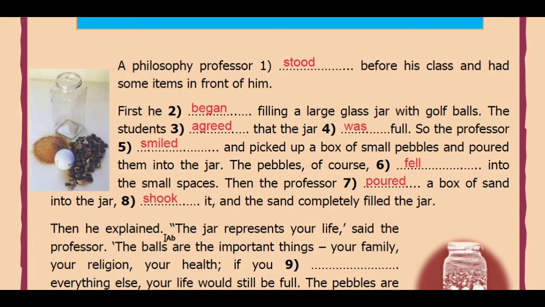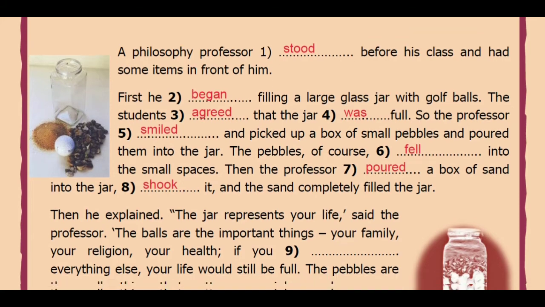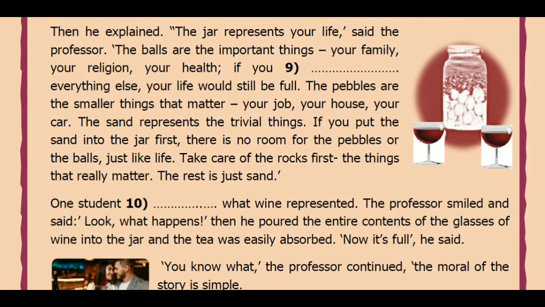Then he explained, the jar represents your life, said the professor. The balls are the important things: your family, your religion, your house. If you, number nine, everything else, your life would still be full. So for number nine, which verb?